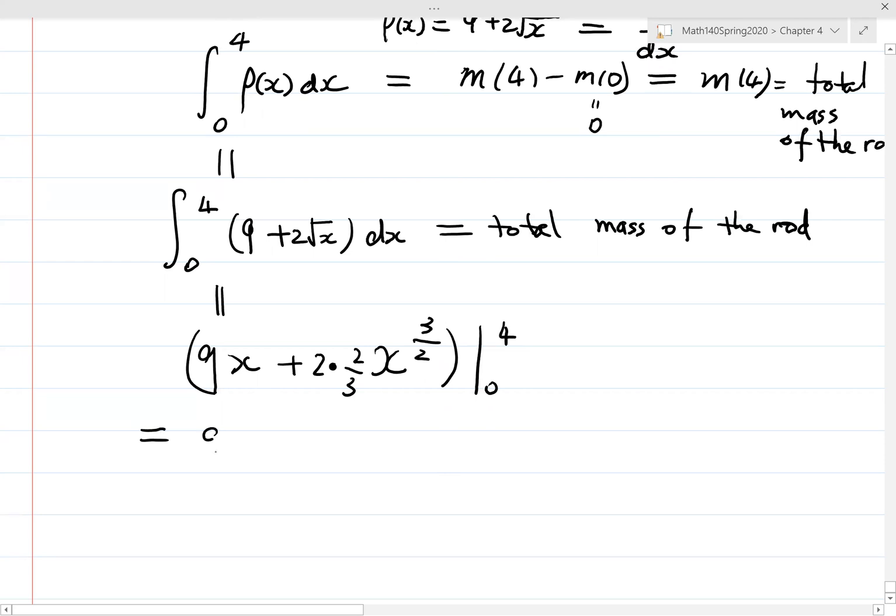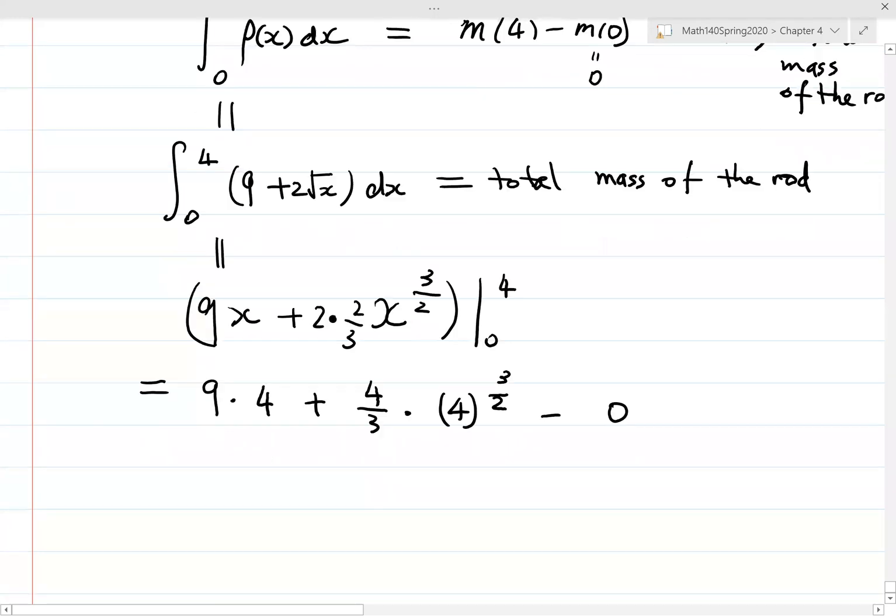So this is 9 times 4 plus 4/3 times 4 to the power 3/2, minus, when x is 0, every term is 0. So we get 36 plus 4/3 times 4 to the power 3/2. Now 4 to the power 3/2: the square root of 4 is 2, then 2 to the power 3 is 8.